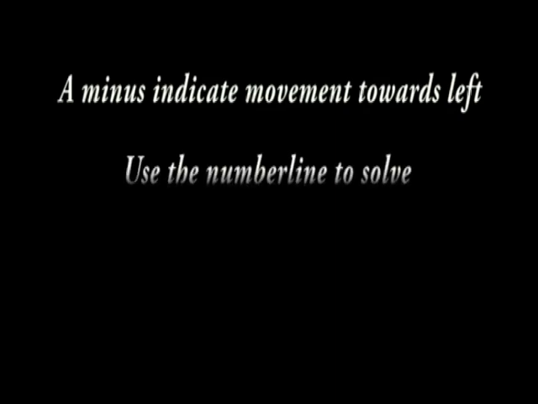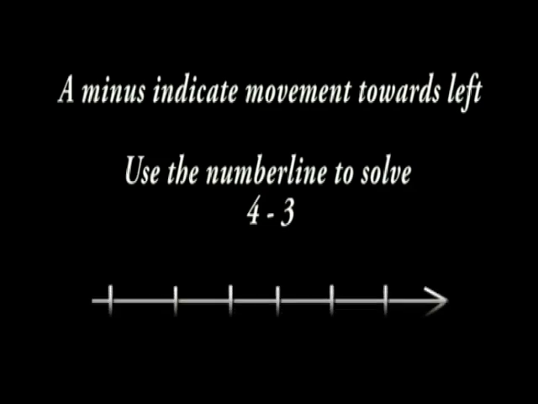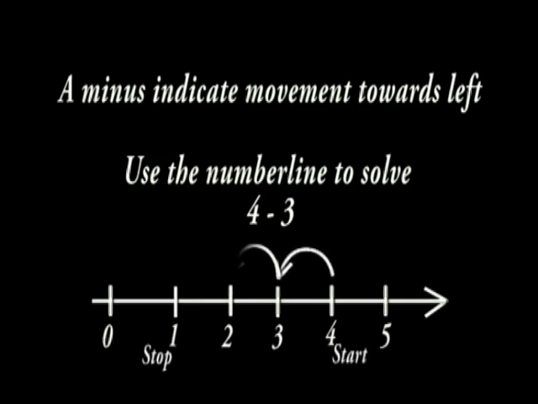For example, use a number line to solve 4 minus 3. This means that from point 4 we move 3 steps to the left. That is shown on the number line below. And our answer is therefore 1.